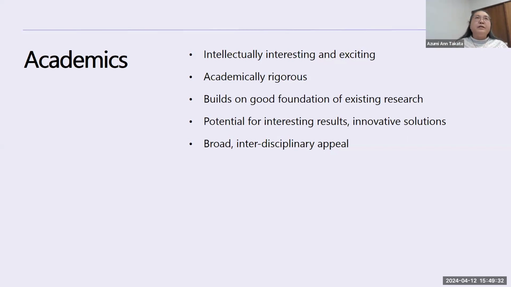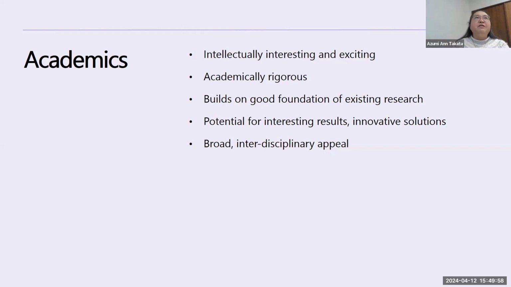And so in that sense, they would like a project that has a broad appeal to a lot of different kinds of people with different kinds of interests. Projects that have broad interdisciplinary appeal tend to be more interesting from Fulbright's perspective than a project that's very narrowly focused.